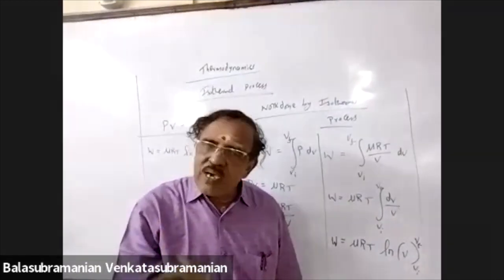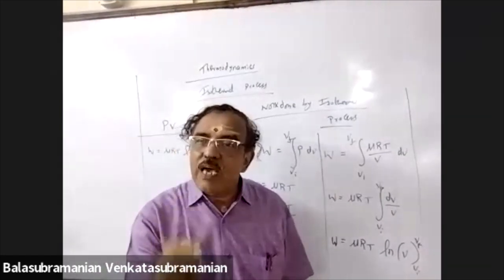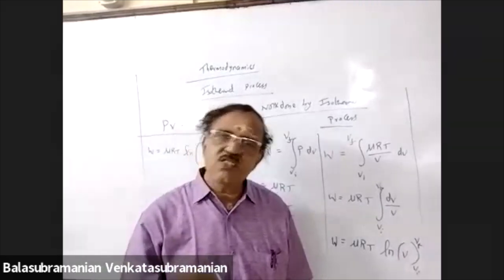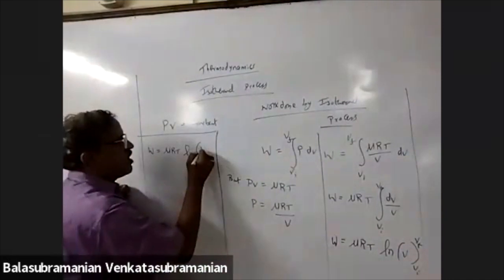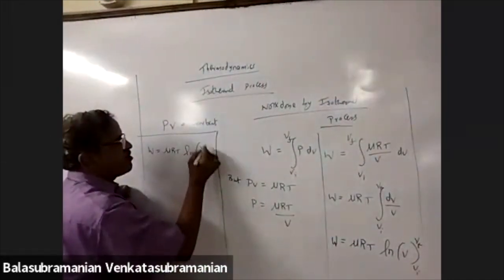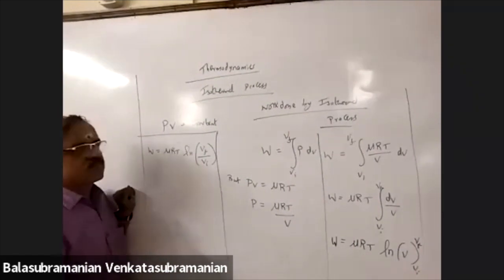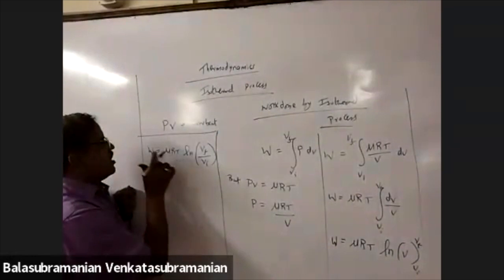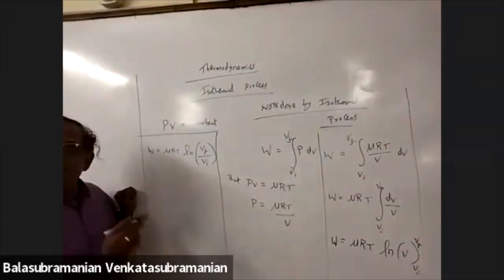Log A minus log B gives log A by B. So this is the final formula for work done in the case of isothermal.